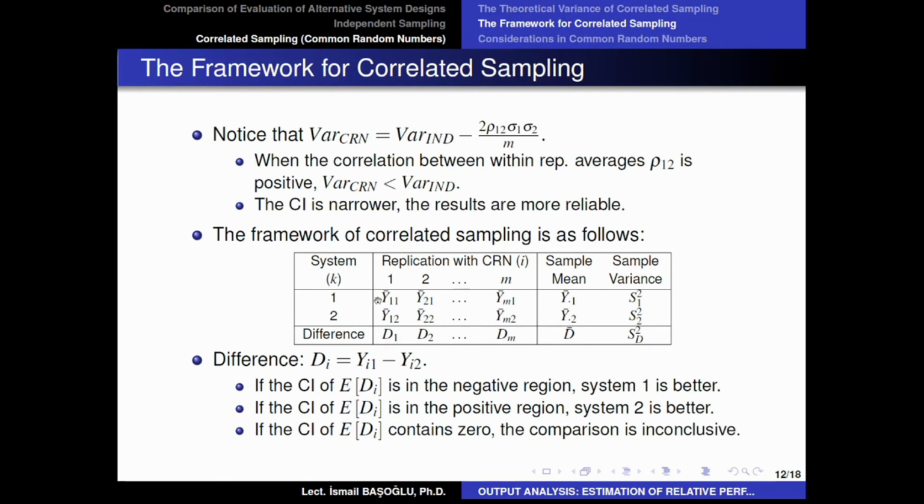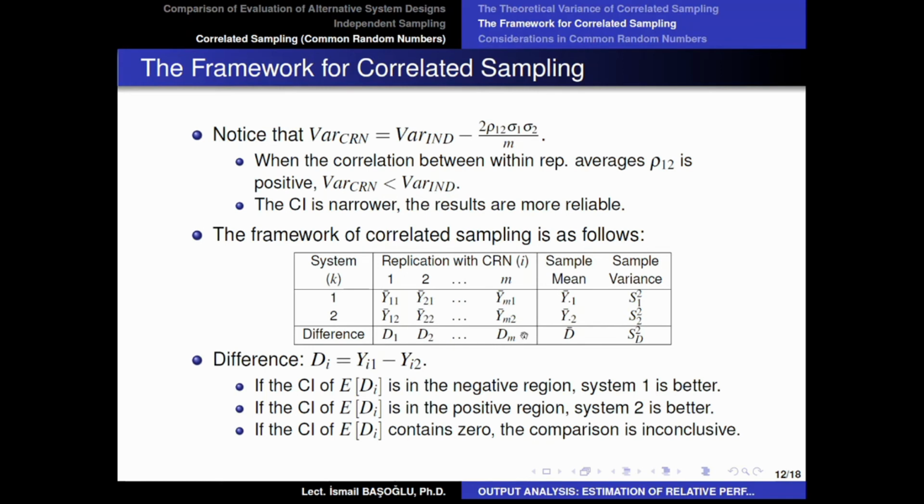So you subtract a second system's first replication average from the first system's first replication average, and you take this as the difference between the systems in the first replication.